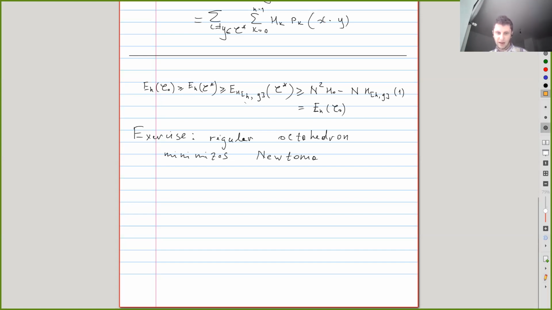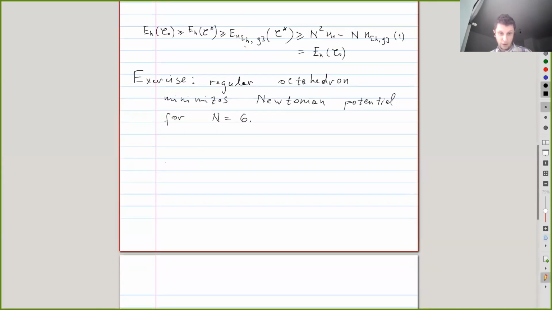The claim is that they place themselves at the vertices of a regular octahedron, which I will now try to draw. So this is for n equals 6. The claim is that of all collections of 6 electrons, the octahedron is the best.